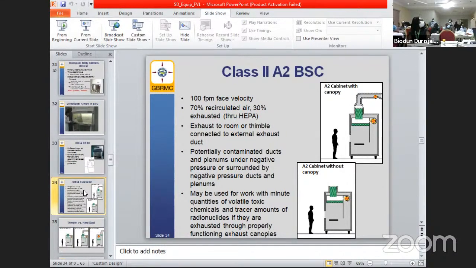Are you talking about suits inside the lab where this BSC is, or outside, in the environment where it is exhausted out? Even if it's here, you're talking about the environment.